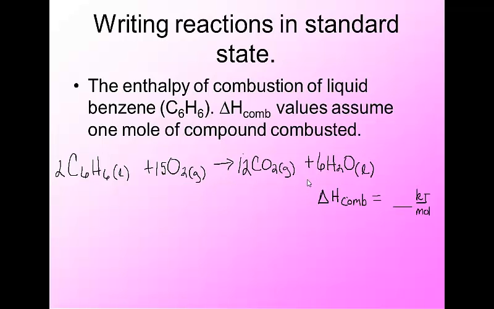So if I was in Chapter 3 and I asked you to balance this reaction, that's suitable, that's fine. We're in Chapter 6, which is the thermochemistry chapter. Heats of combustion for a chemical reaction at standard state has to be in kilojoules per 1 mole of combusted substance. Well, I don't have it written to reflect 1 mole. I have it written to reflect 2 moles.